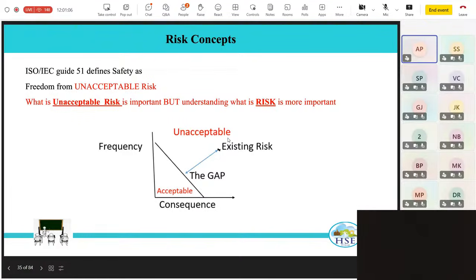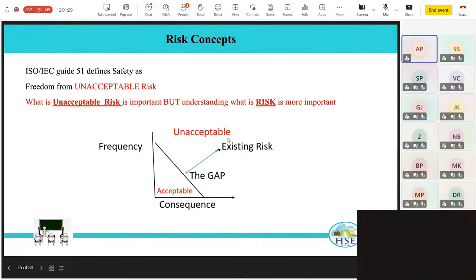We do not want that hazard to get converted into an incident or consequence, but because of certain things beyond your control, it happens. And that's why we like to study the risk of a plant. So this risk concept which I'm going to explain to you is very important and please understand it.